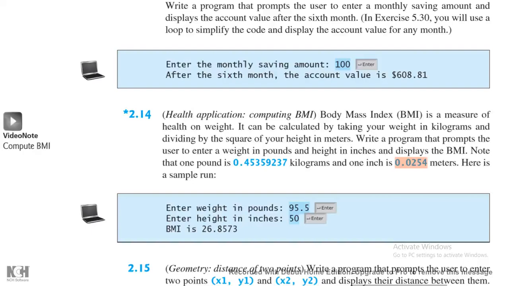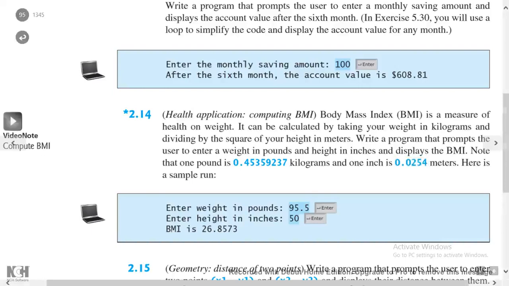Okay, so here is a sample run. So our user decided to put 95.5 for pounds and 50 for inches, and our computed result became 26.8573.